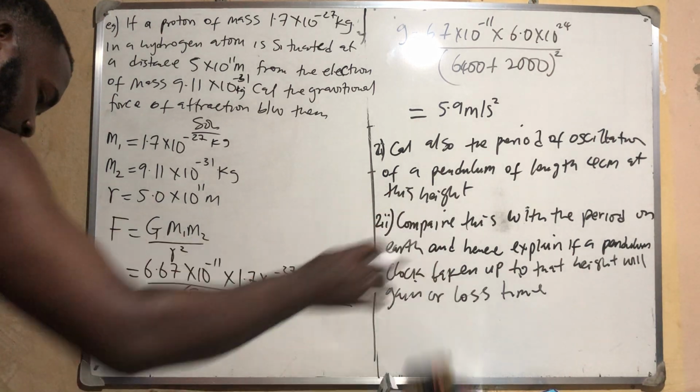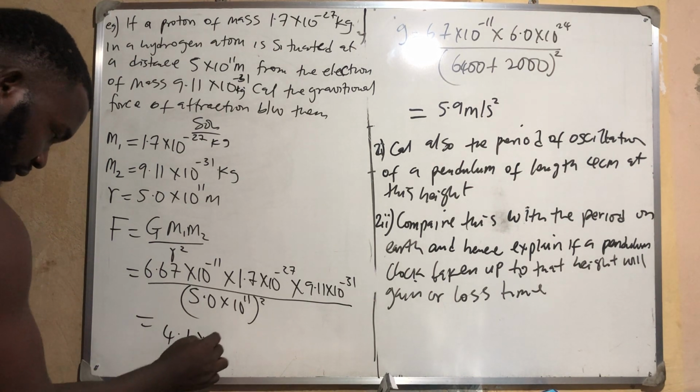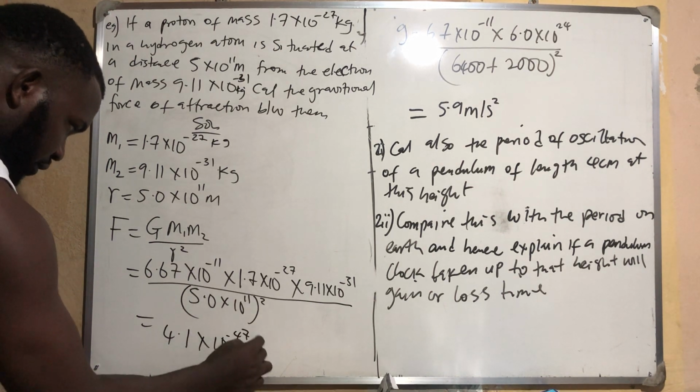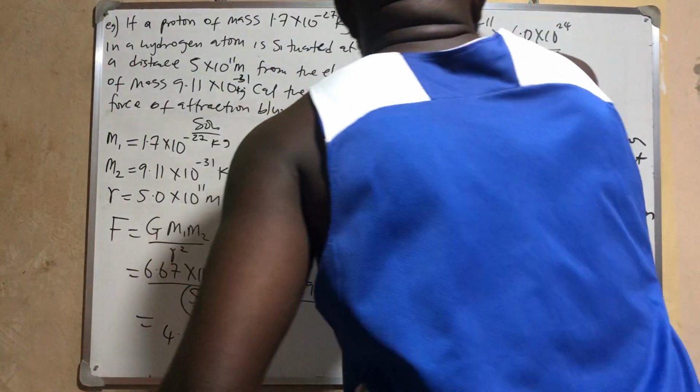So with your calculator, if you punch everything, you have that the force is 4.1 times 10 raised to power minus 47 Newton. Okay? So that is that. So the next question.